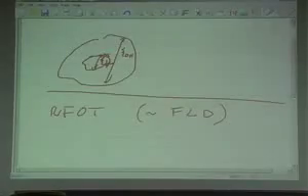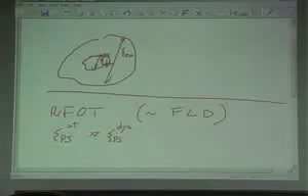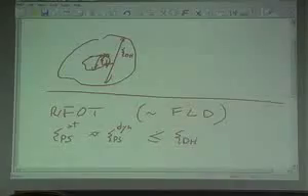In the case of RFOT, as I told you, the point-to-set static, in principle, should be equal to the point-to-set dynamic, just because what sets the relaxation process is the static, the mosaic structure. On the other hand, you can very well have that this is less than the dynamic correlation length, for the reason that I explained before.